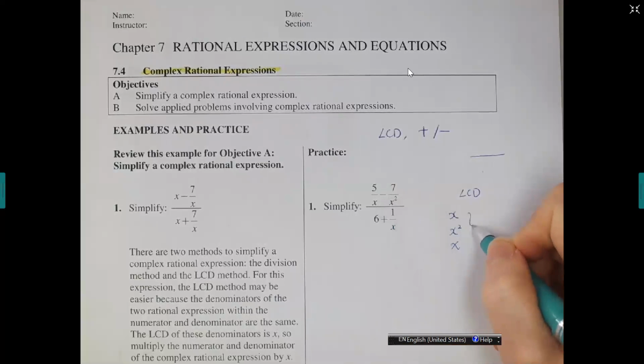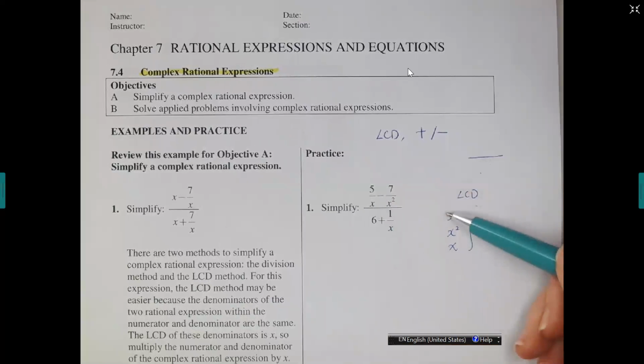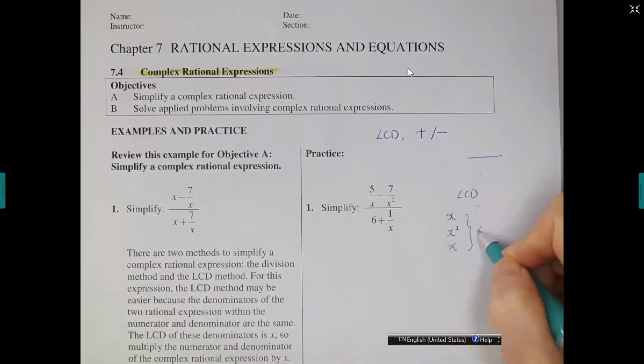What I'm going to do first, I'm going to look for their least common multiple, which is also called their least common denominator, LCD. What do we do? So recall we did in section 7.3, there is no coefficients. Forget about the numbers. Then we look at the variable. There is just one variable x.